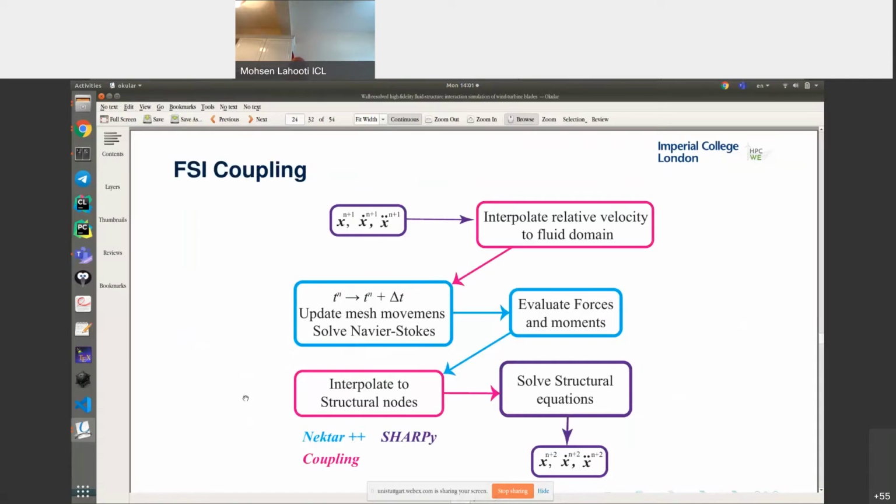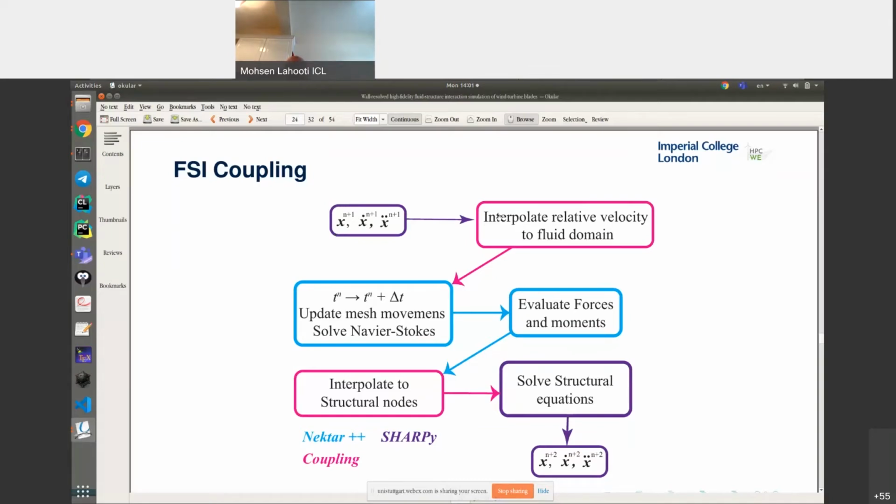For the FSI coupling, we use a loose coupling approach because we're mainly using the LES approach for the flow solver, so it's better suited to use loose coupling here. The dynamics of the structure is solved first, and we get the deformation and velocity.